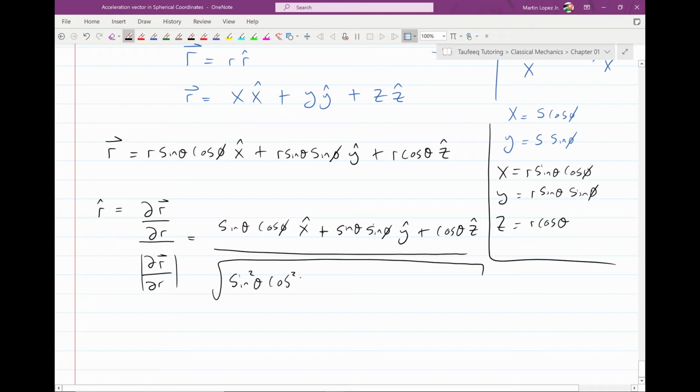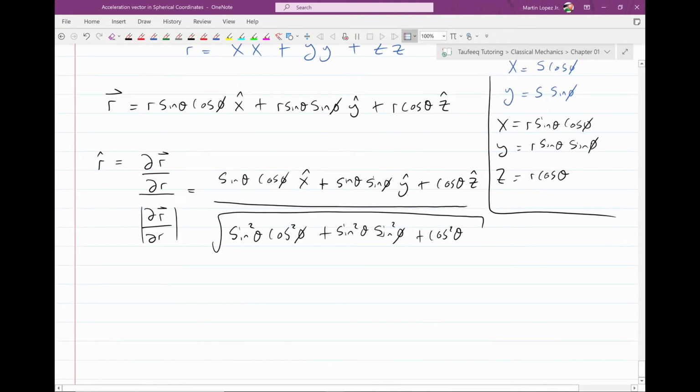That is going to be the square root of sine squared theta cosine squared phi plus sine squared theta sine squared phi plus cosine squared theta.